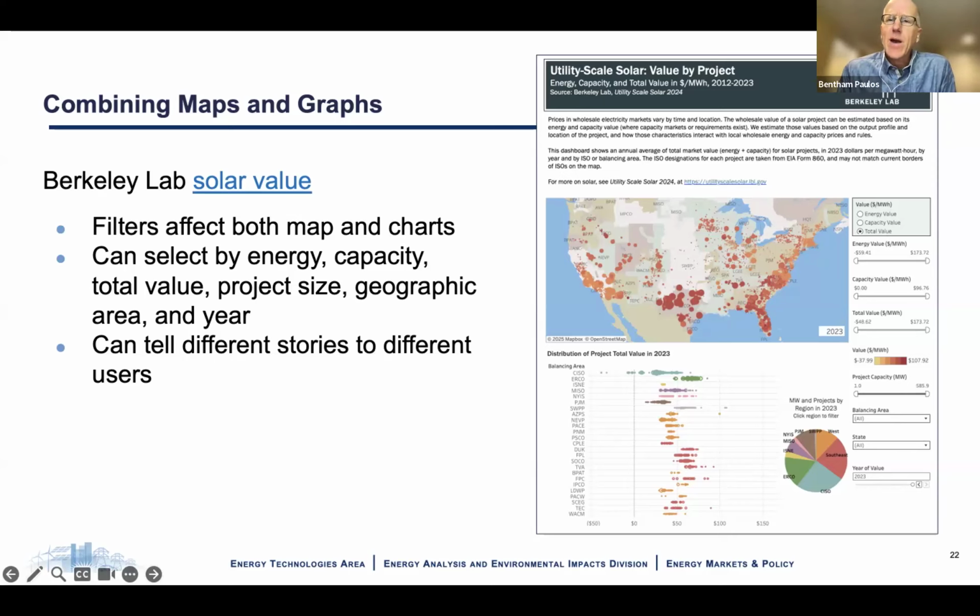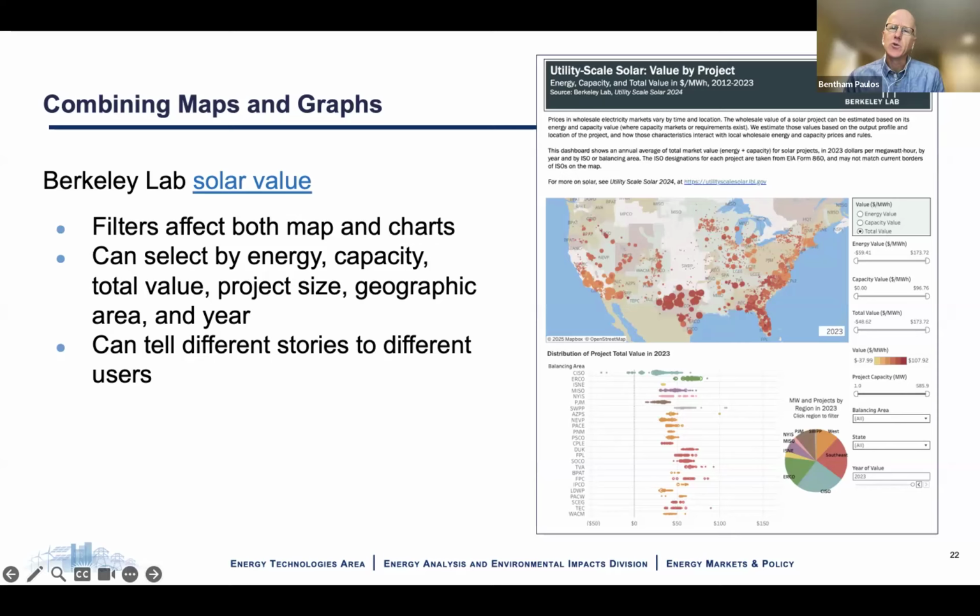Here's the interactive version of the solar value data. And again, that's a link on the PDF there. It shows a map and two related charts, a pie chart on the bottom right and a bubble chart, I guess you'd call it, on the bottom left.